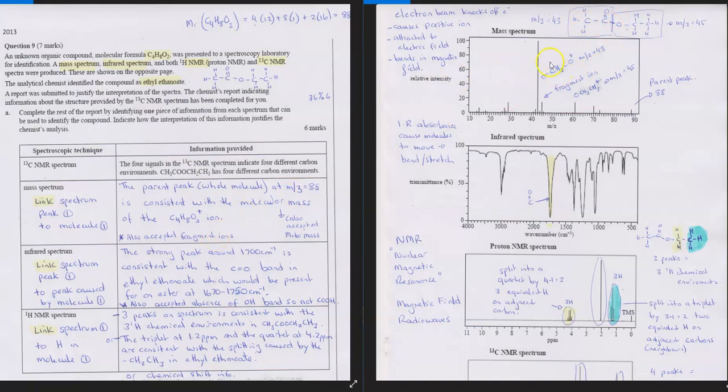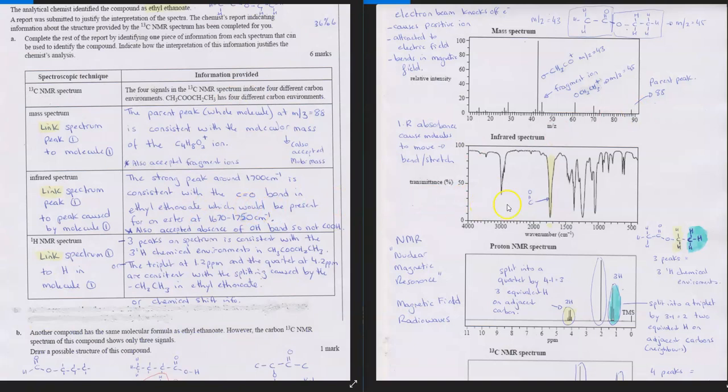If you were quoting a fragment, you'd have to say this particular fragment has a mass of 43. So you get one mark for linking the spectra correctly to the ion.